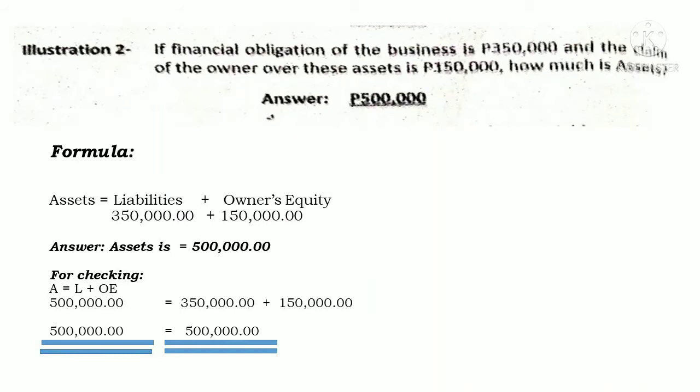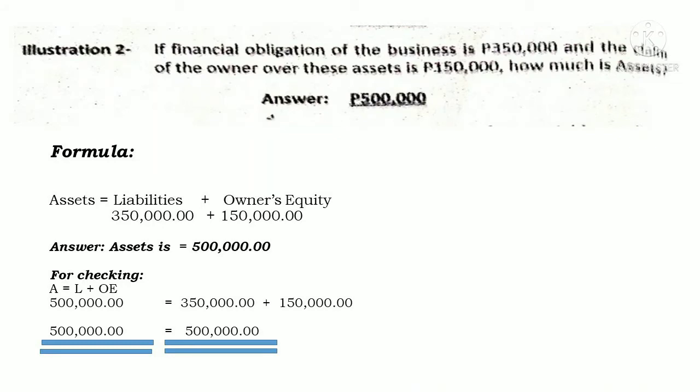Okay, so for illustration 2, if financial obligation of the business is 350,000 and the claim of the owner over these assets is 150,000, how much is assets? So, ang ipangita diri, how much ang assets or how much does the company own. So, ang given data, ang liabilities of 350,000 pesos plus owner's equity nga 150,000 pesos.